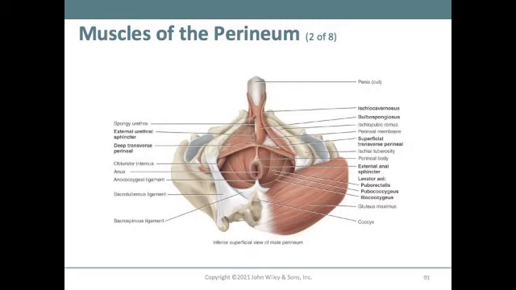I was trying to contrast these two because this is male. Part of the thing is that we don't really talk about the pelvic floor the same way in the male versus the female, because there are such significant differences here, but we can certainly contrast those. We can see that obviously there's no vagina here, but there are some muscles that go up and help with erections and sexual arousal for the male.